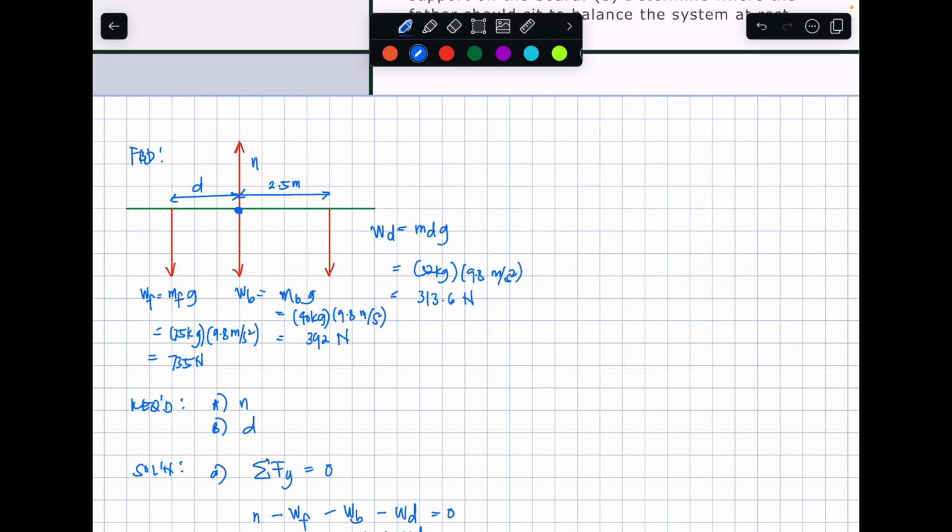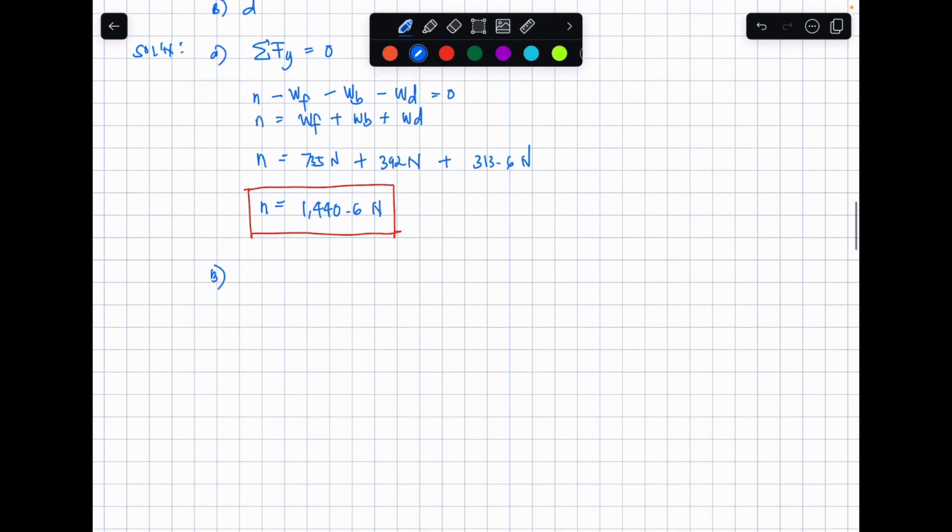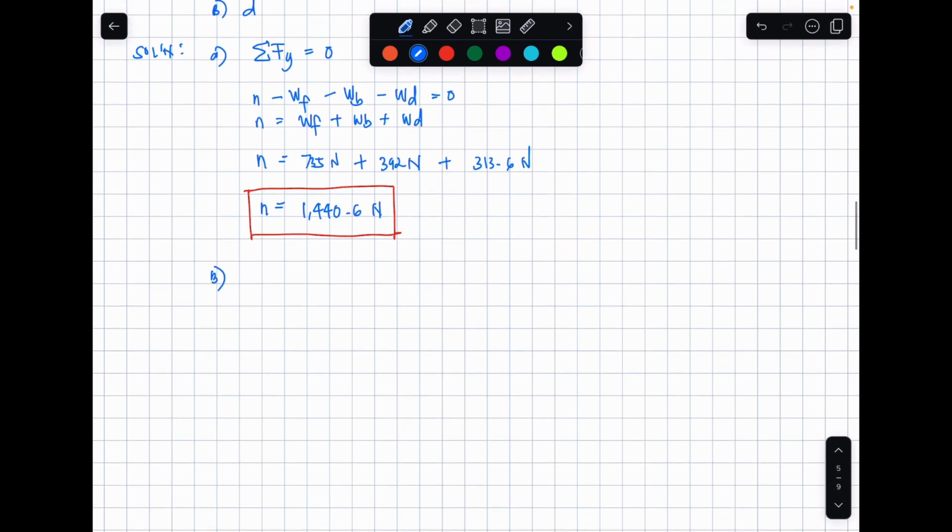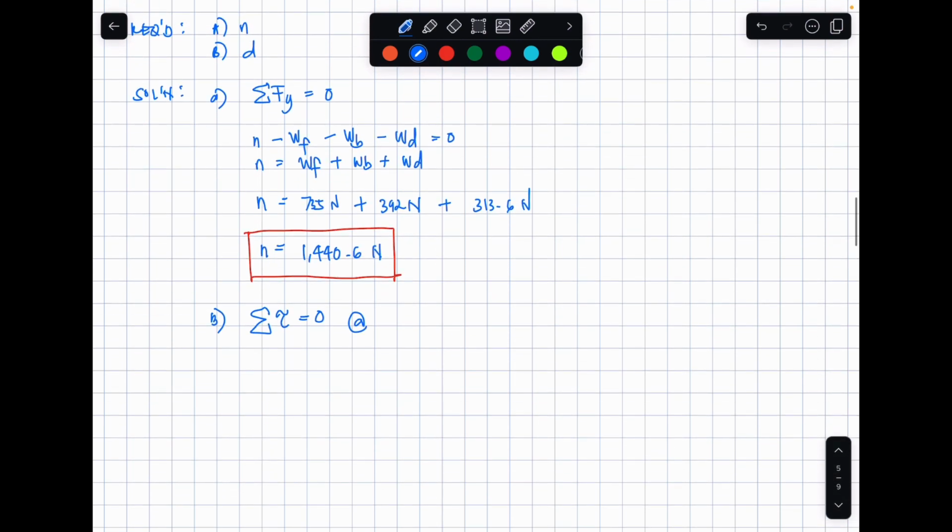While that of the father, the lever arm is equivalent to d. That is what we are going to find. So we'll be finding the summation of torque, which would be equal to 0, with our reference at the fulcrum point.